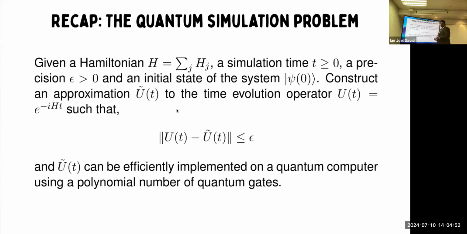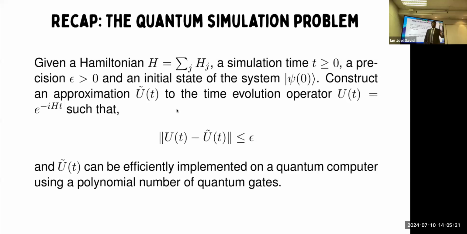There are many different ways you can approximate the time evolution operator, but we need to build u tilde of t in such a way that we can efficiently implement it on a quantum computer. A very straightforward way one could tell me to do it would be to write down e to the minus i H t as a Taylor series, truncate at some order, and then you're done. But how to implement that on a quantum computer efficiently is also a bit tricky.